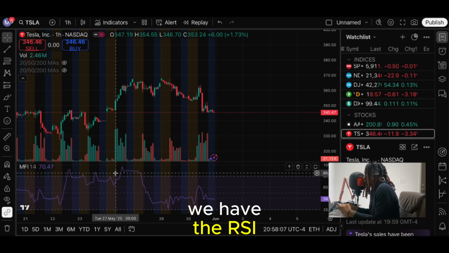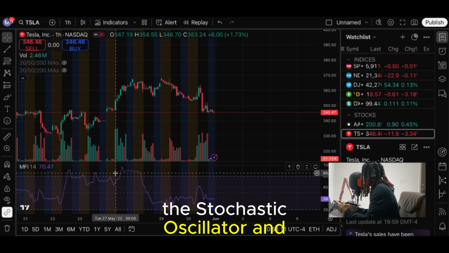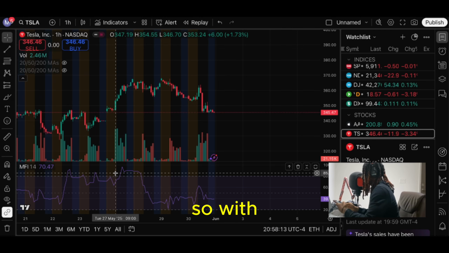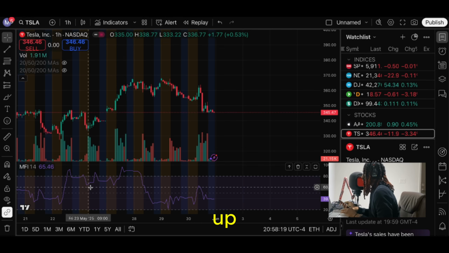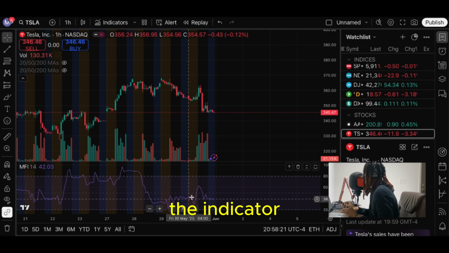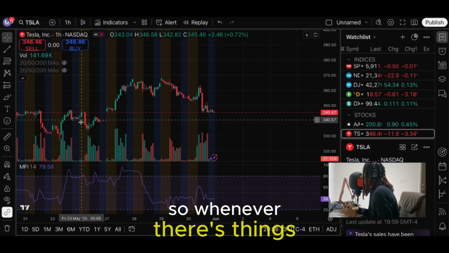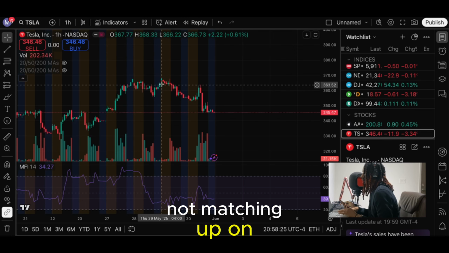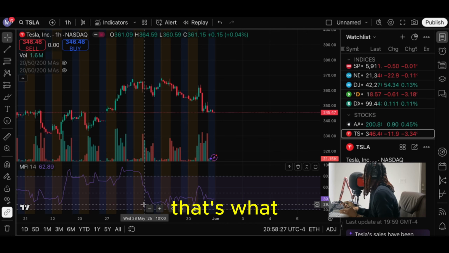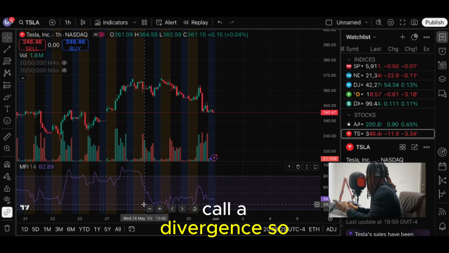We have the RSI, the MFI, the stochastic oscillator, and the MACD. With those indicators, the pattern of the chart is supposed to match up with the pattern of the indicator, right? So whenever things are not matching up on the indicator, that's what you would call a divergence.